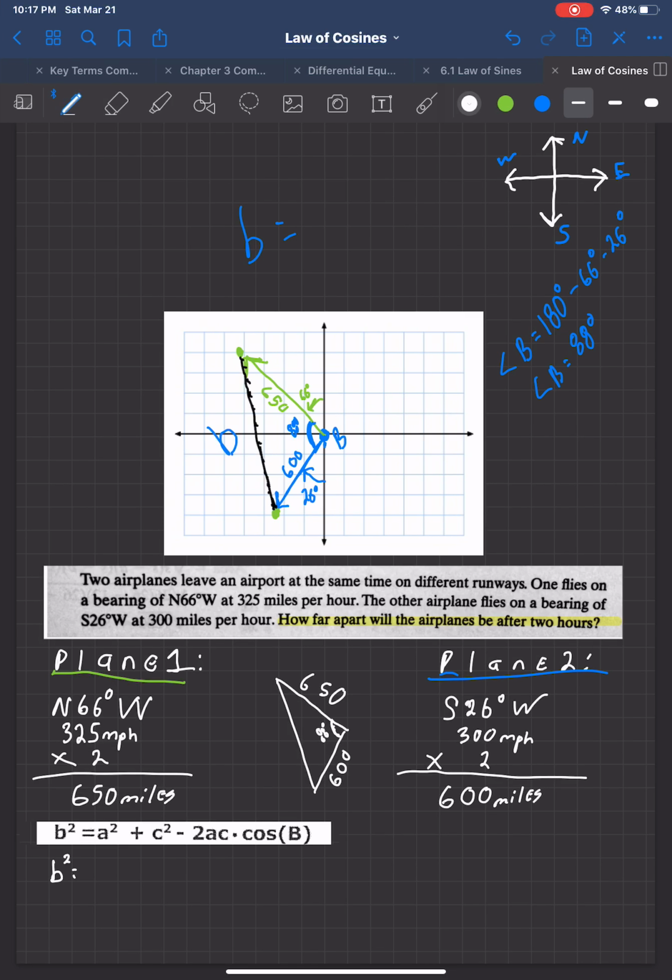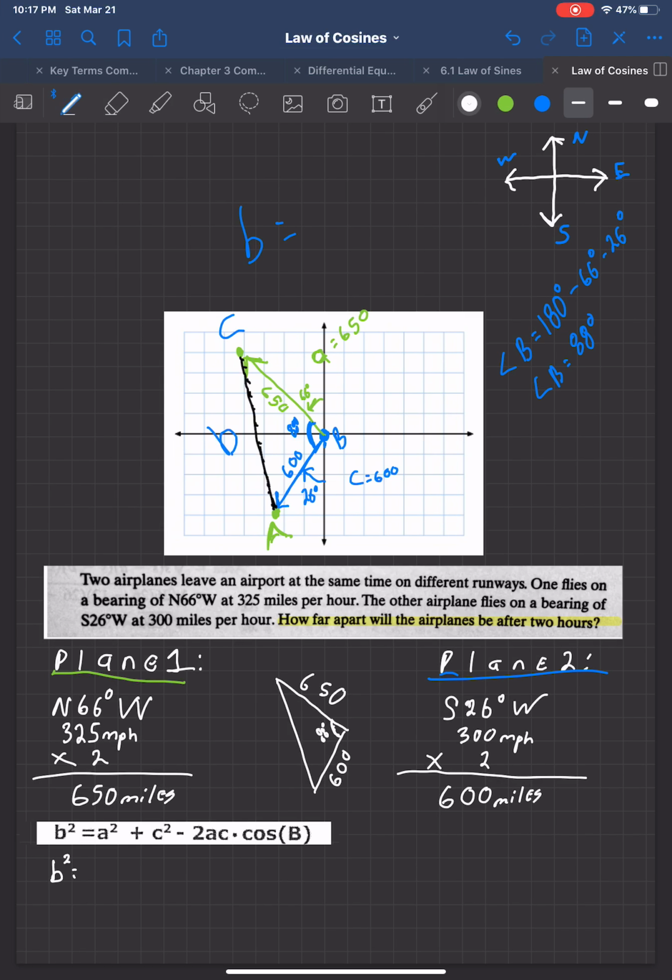And now I have to label things. I'll just label this A, and I will label this side over here C. So that would mean that C is equal to 600, and little a is equal to 650. Now let's plug everything in.